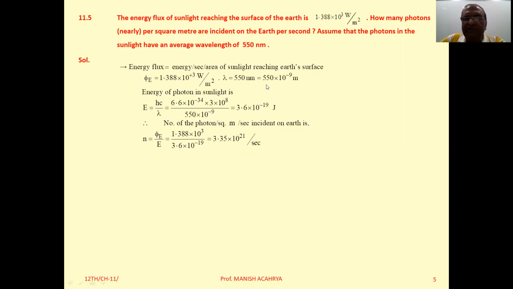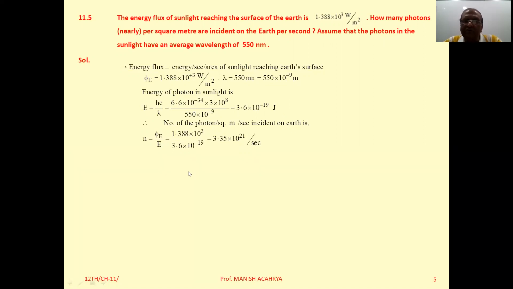Lambda is 550 nanometer, so 550 into 10 raised to minus 9 meter. So the energy of the photon in sunlight is hc upon lambda. Substitute the values of h, c and lambda, then solve it, you will get the answer 3.6 into 10 raised to minus 19 joule.